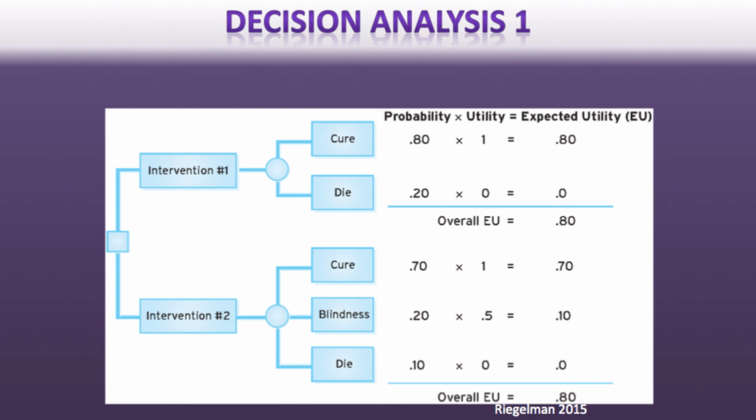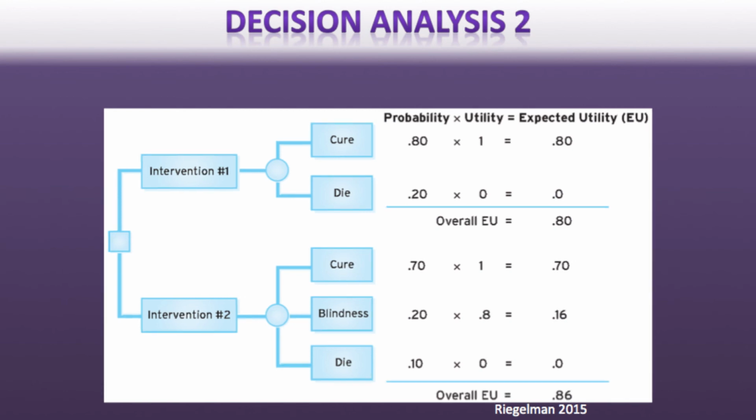Okay, so if you measure out the overall effectiveness and utility of these two different options, what it turns out is by these numbers, they actually turn out to be exactly the same. So the overall total for them is both 0.8, right? So in this case, you could go either way because there doesn't seem to be any difference.